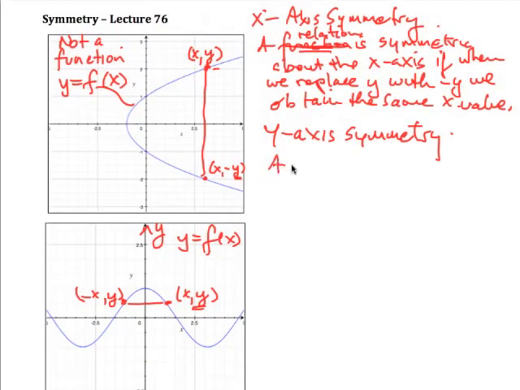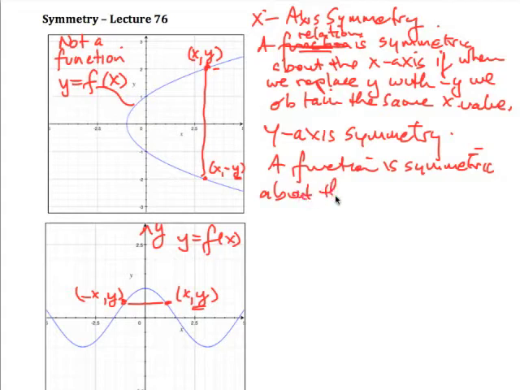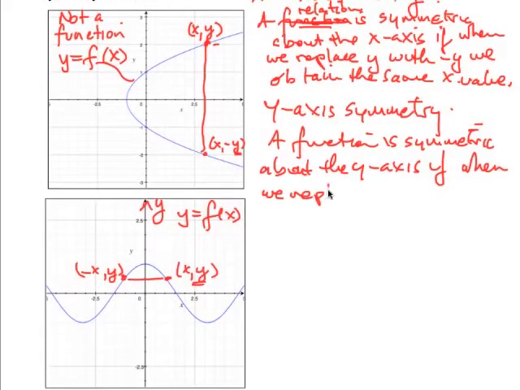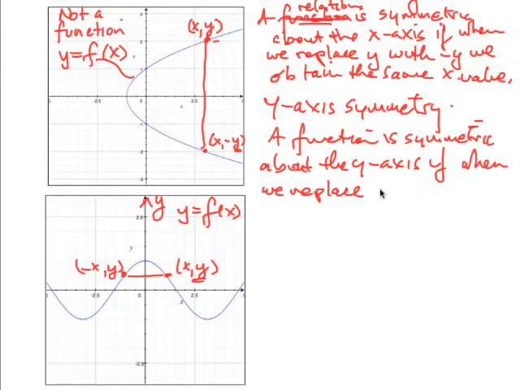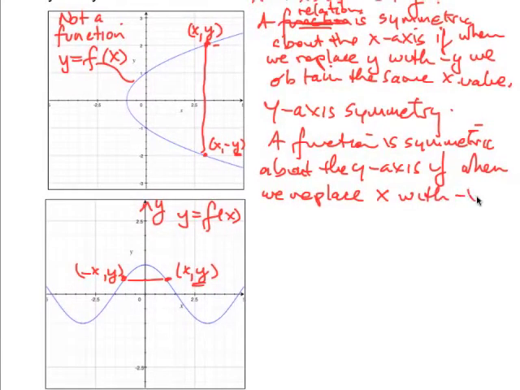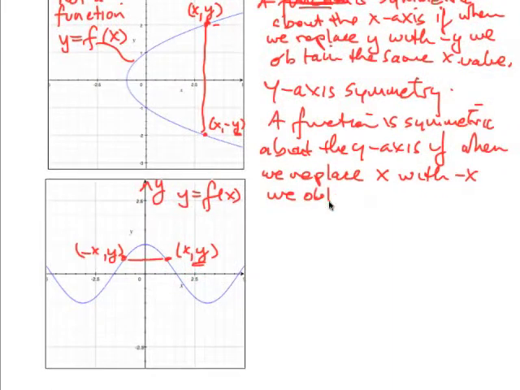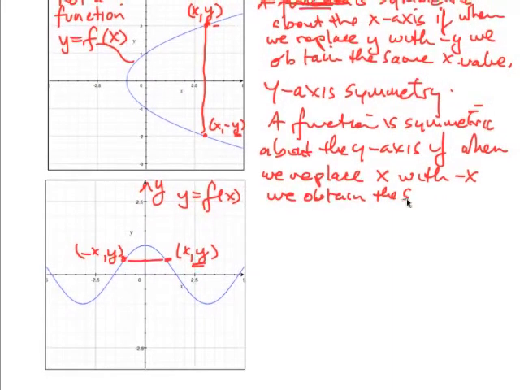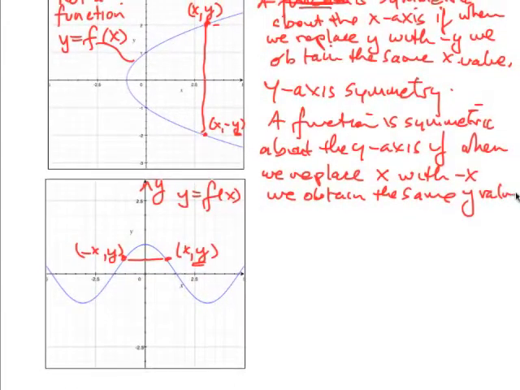Alright? So in this case, a function or a relation is symmetric about the y-axis if when we replace x with negative x, we obtain the same y value.